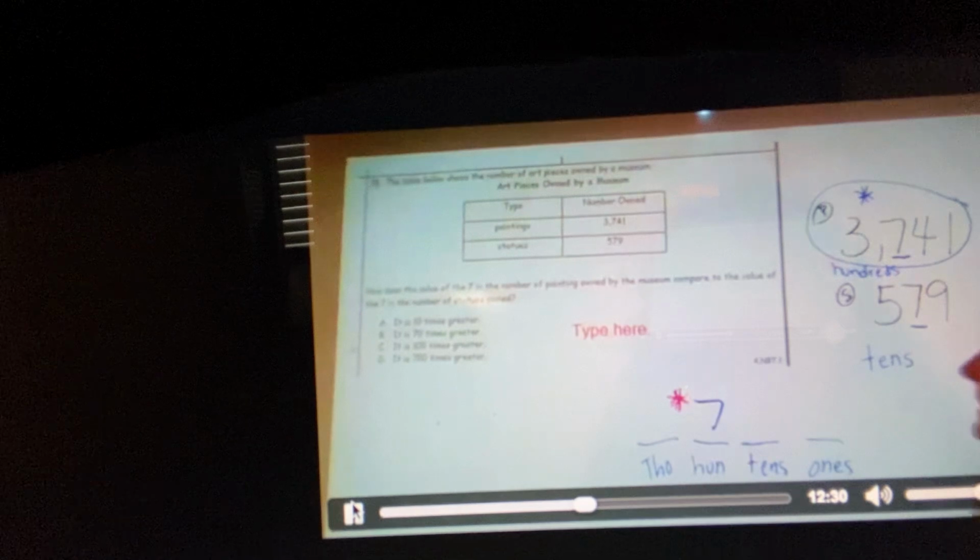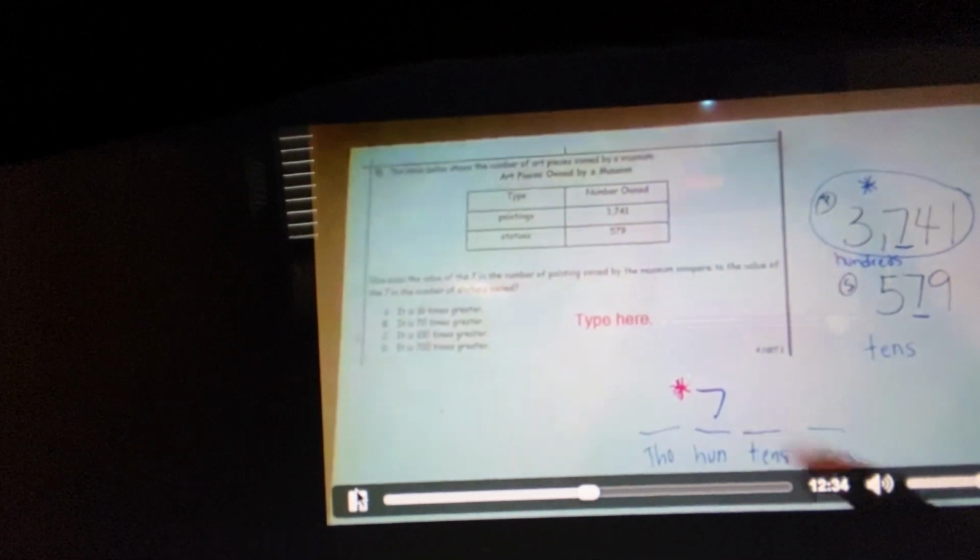I have a 7 that I have now landed in the hundreds place. This is what I really want to look at. This was the number it's asking me about. I'm comparing it to another number, but this is the number it wants you to talk about. How much is that worth?